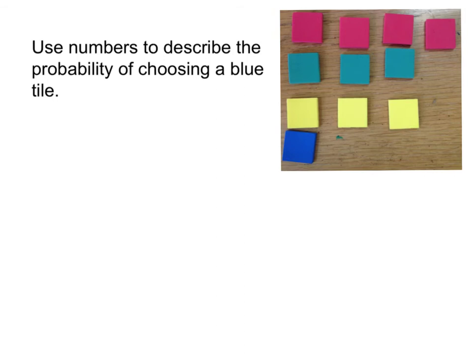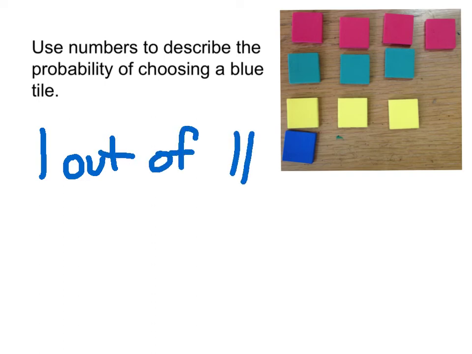So I'd like for you to try this next example. We have our same picture over here on the right with the 4 red, the 3 green, the 3 yellow, and the 1 blue. And I'd like for you to please use numbers to describe the probability of choosing a blue tile. So take a second to try this out on your own. We only have 1 blue tile, so we only have a 1 out of 11 chance of choosing the blue tile.